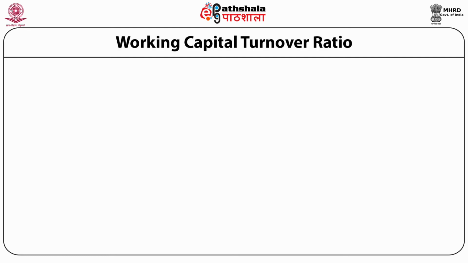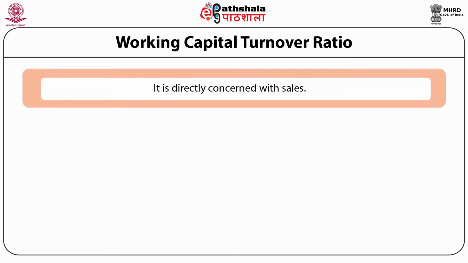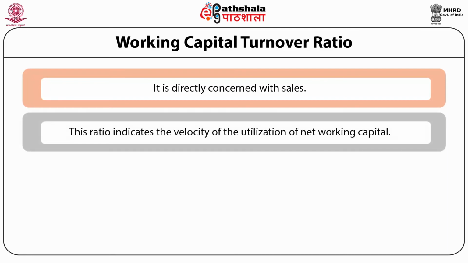Working capital turnover ratio. Working capital turnover ratio is directly concerned with sales. Working capital is taken as current assets minus current liabilities. This ratio indicates the velocity of the utilization of net working capital.